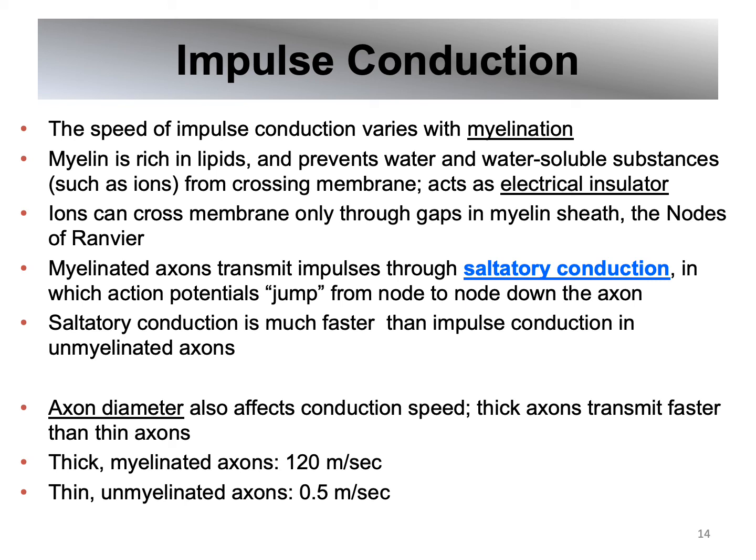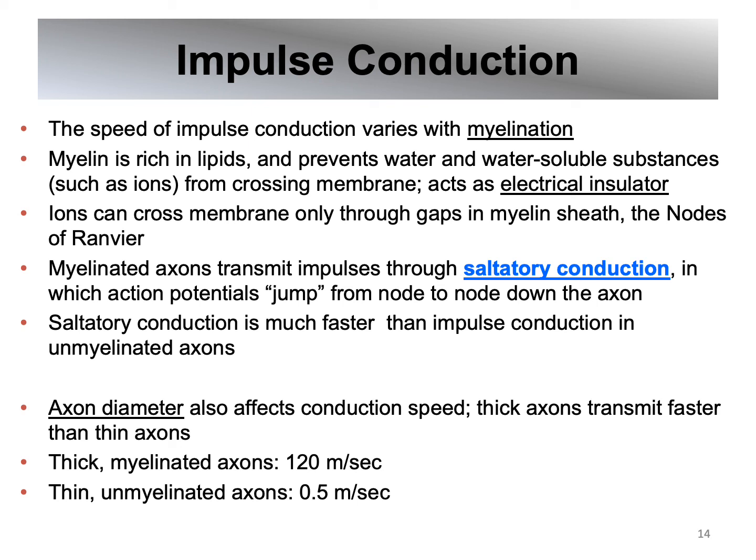Myelinated axons transmit impulses through a different conduction we call saltatory conduction, in which the action potential jumps from one node to another node down the axon. Saltatory conduction is much faster than impulse conduction in unmyelinated axons.